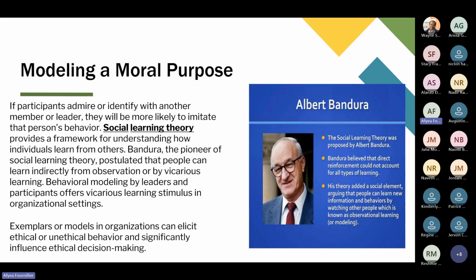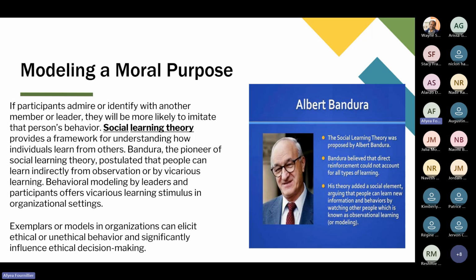So we depict Albert Bandura on the right, and as we just said, the social learning theory was proposed by him. He believed that direct reinforcement, which is either rewarding a good behavior or punishing a bad behavior to encourage or discourage it, could not account for all types of learning.